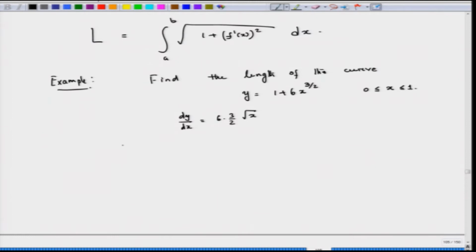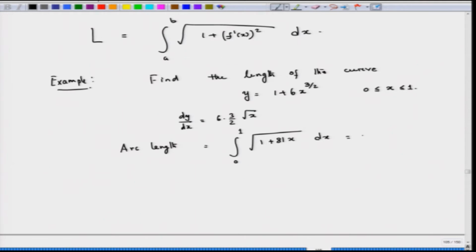So, arc length is equal to the integral from 0 to 1 of the square root of 1 plus 2 to 9, that is 81 x, dx. Now, of course, by using substitution we know how to compute this.